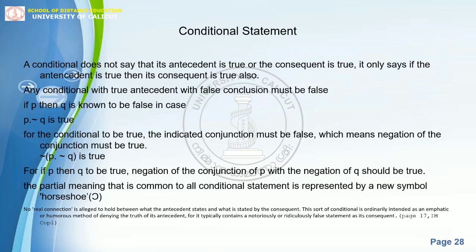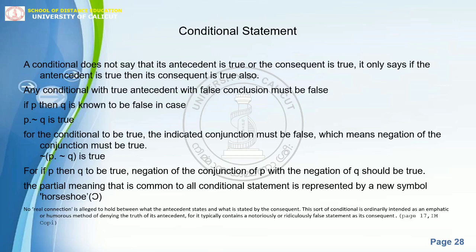Coming to conditional statements. A conditional does not say that its antecedent is true or its consequent is true. It only says that if the antecedent is true, then the consequent is true also. Any conditional with a true antecedent and a false conclusion must be false. If P then Q is known to be false in case P conjunction negation Q is true.